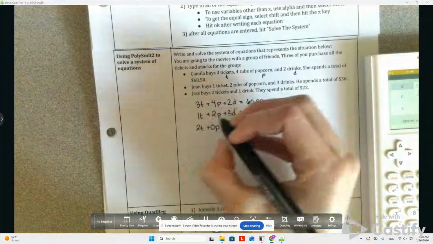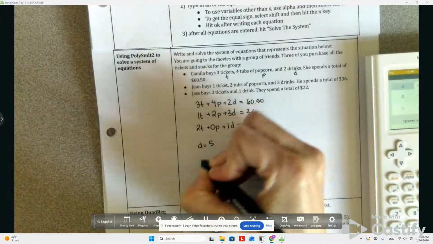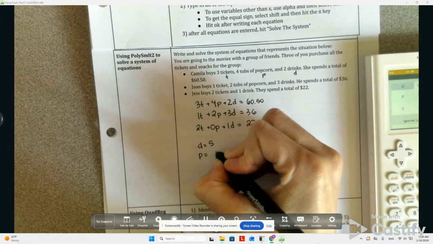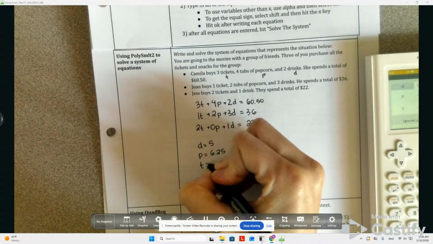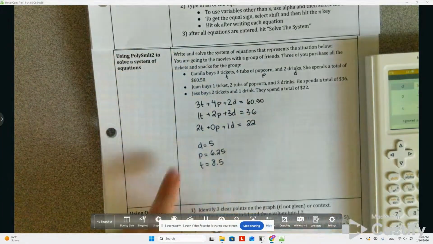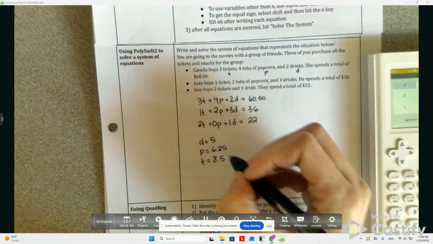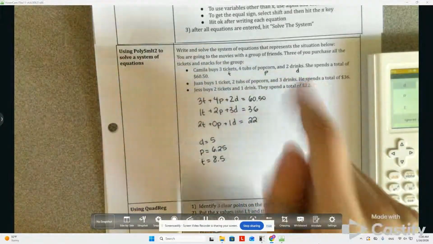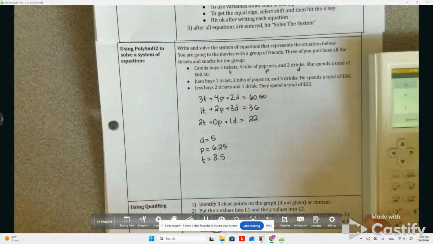So here we've got d equals 5, p equals 6.25. I'll write it in decimals here since it's money, and t equals 8.5. So these are all of our prices here.